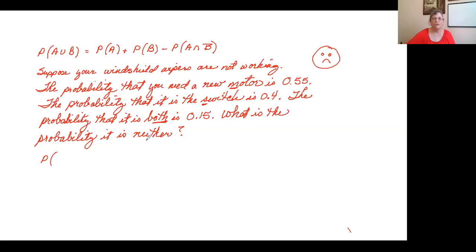So we're looking for not A and B. What we want to do is find not either A or B.